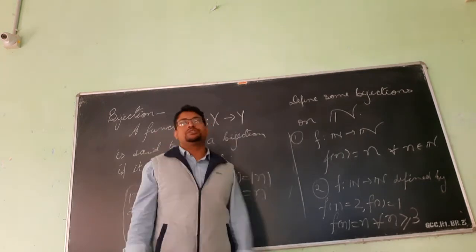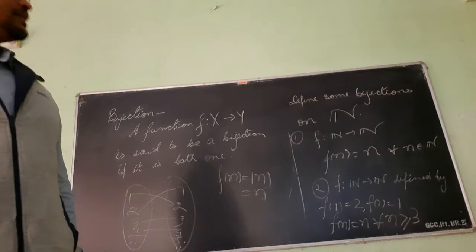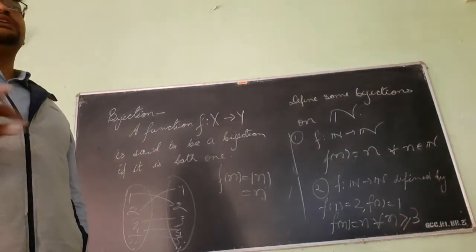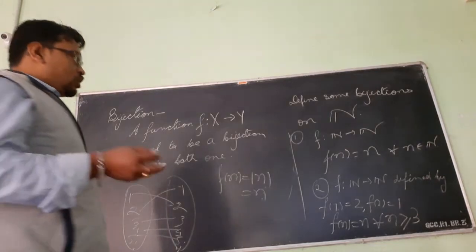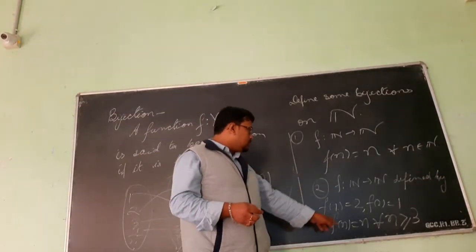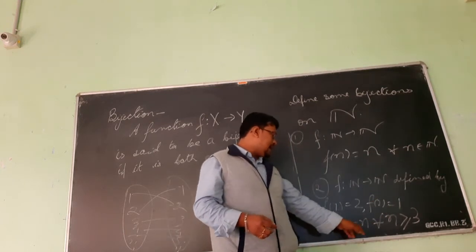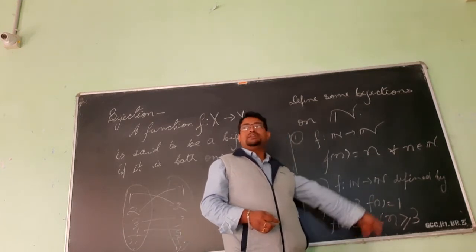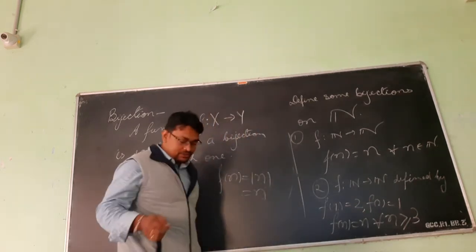So this is the definition. On the first day I told you it's not necessary that a function is defined by a single expression. A function may not be defined by a single expression, because here there are three expressions. This is also a one-one onto function, a bijection.